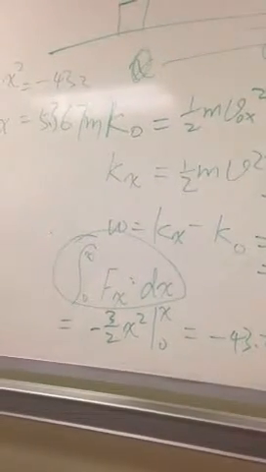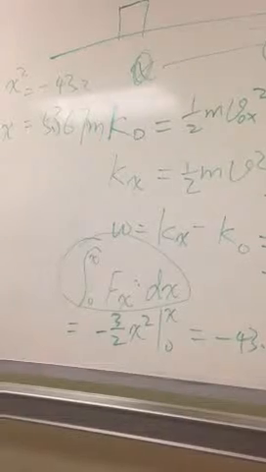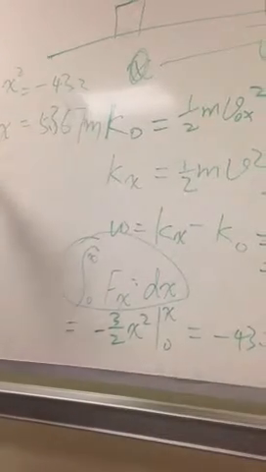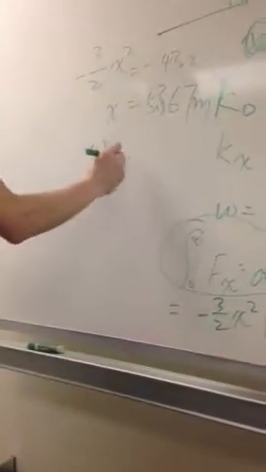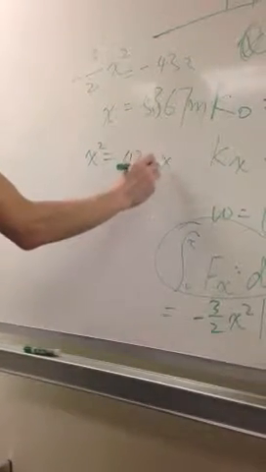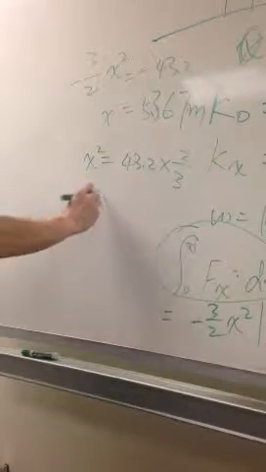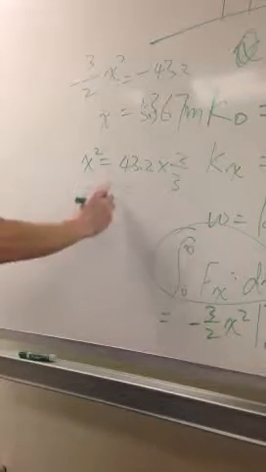So you brought that -3/2 over, and then you took the square root. And then you take the square root.